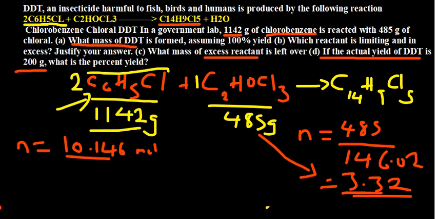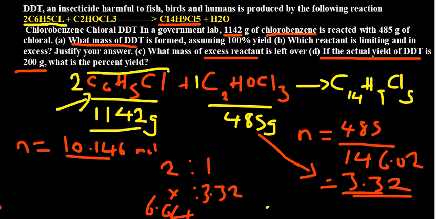So using again the mole ratio, of course it's 2 to 1. For chloro it's 3.32. These are the number of moles available. Okay, so finding the value of x again. If you cross and multiply, you find that your value of x is going to be 6.64. Okay, so what does this mean? The interpretation here is that the 3.32 moles of chloro that is available in this reaction requires 6.64 moles of the other reactant.